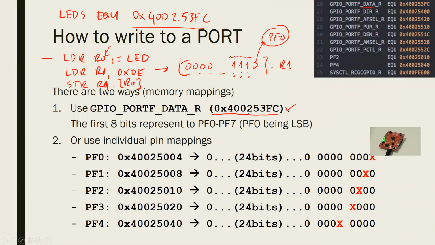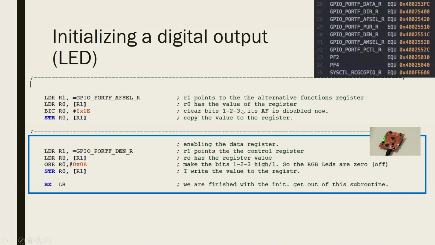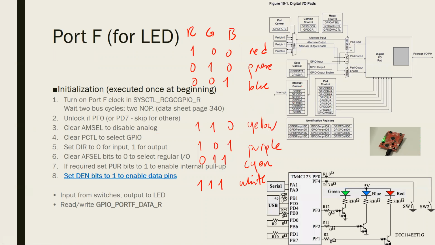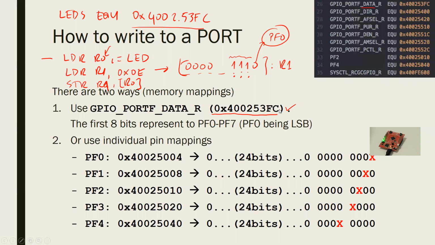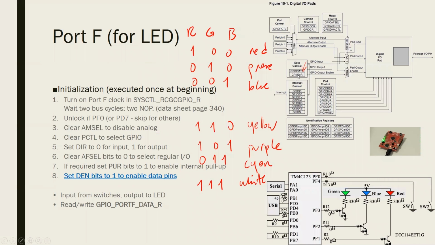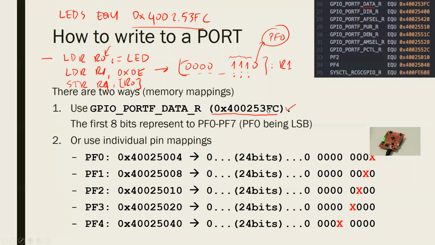And also, there was one thing more. You could use this register because this address is mapped to this register. That is the register here. It's written here. But frankly, about this register, more than one address value is also mapped. So you can access the values of this register of port F using this address value, or you can use other address values to access a single pin.